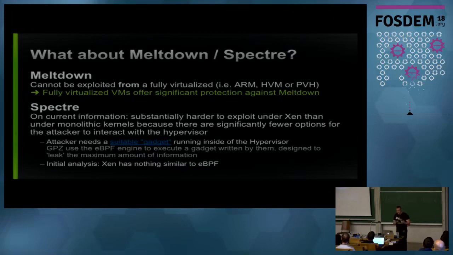In the Linux kernel, there's the eBPF engine, which was used by Google Project Zero on KVM to demonstrate how you get information out. We have gone through the code, not line by line, but through the architecture, and we don't think there's anything similar to that in the code base. But at the end of the day, we won't really be sure unless there are tools which allow us to verify that. So hopefully that should be fine.